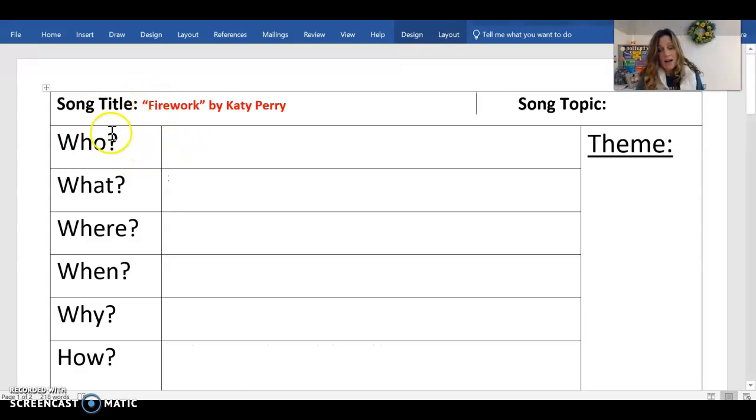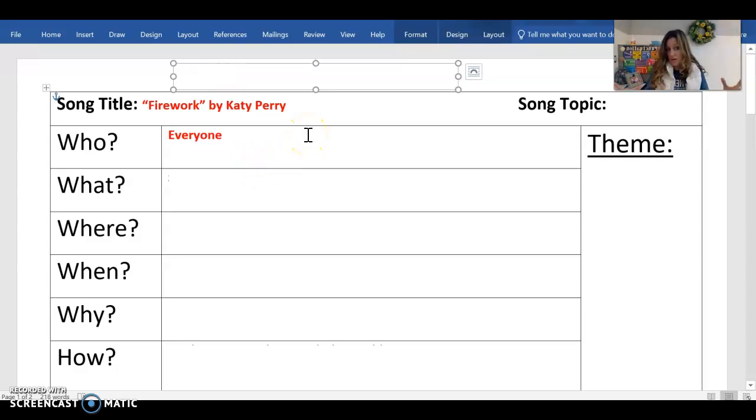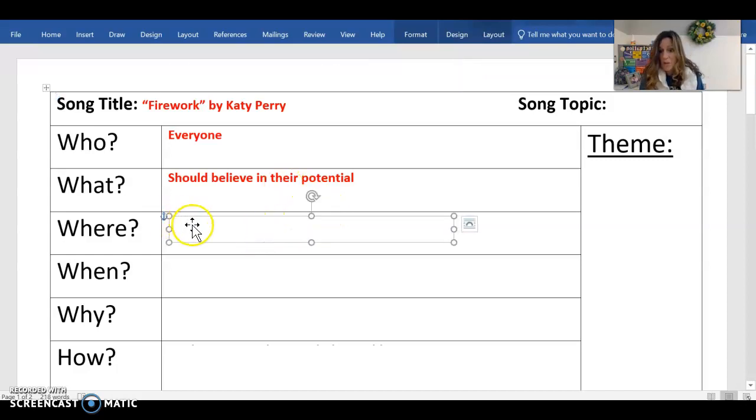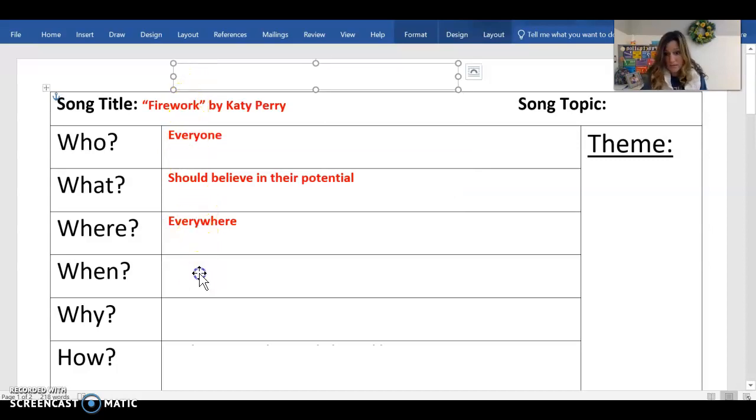So after reading through Firework by Katy Perry, the who here is everyone. So it's just general. This is a message for everybody, okay? Or it could be anyone. The what? Well, we should believe in our potential, okay? The where? Everywhere or anywhere, okay?